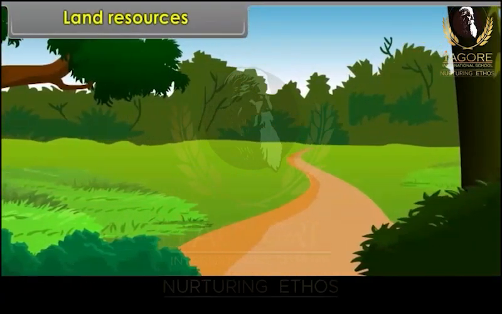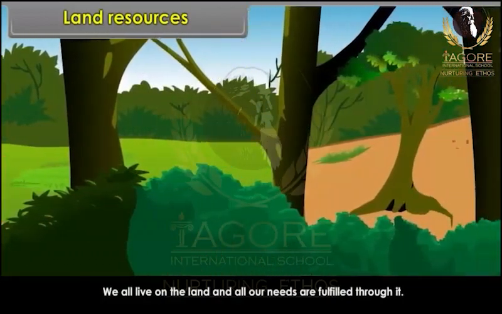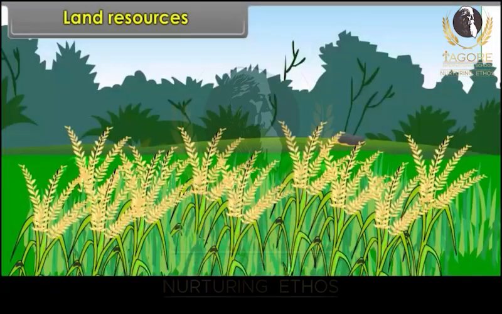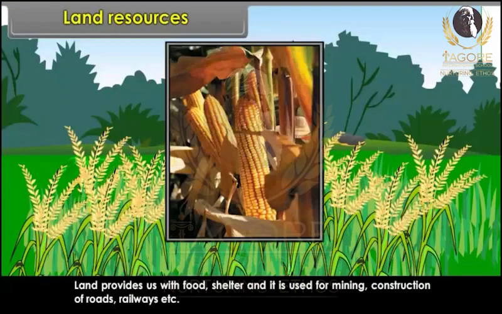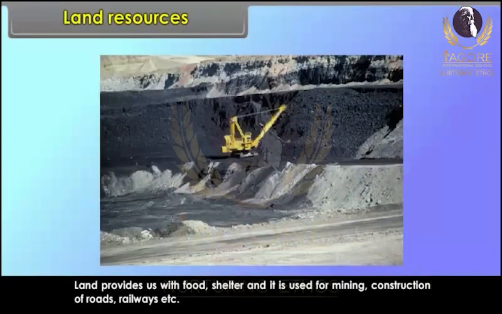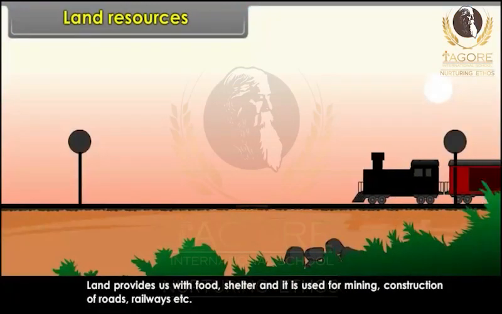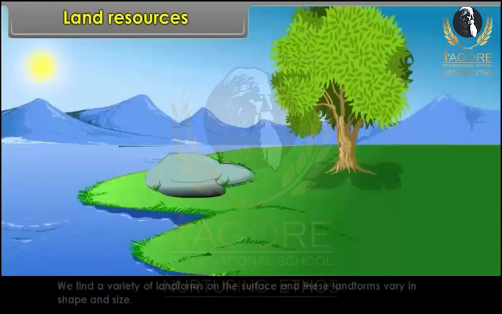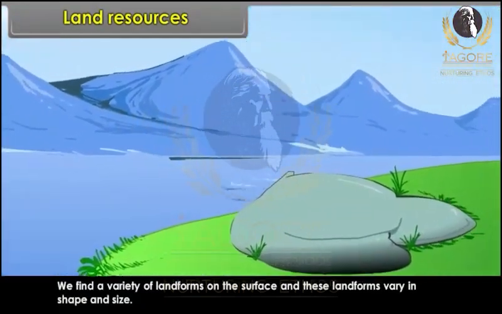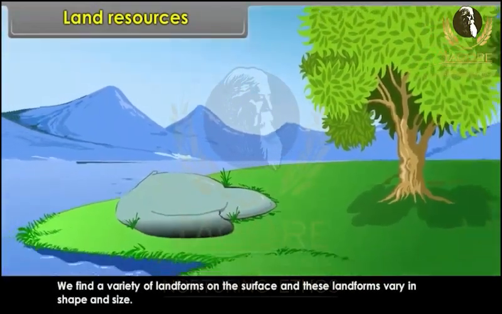Land resources. We all live on the land and all our needs are fulfilled through it. Land provides us with food, shelter, and it is used for mining, construction of roads, railways, etc. We find a variety of landforms on the surface, and these landforms vary in shape and size.